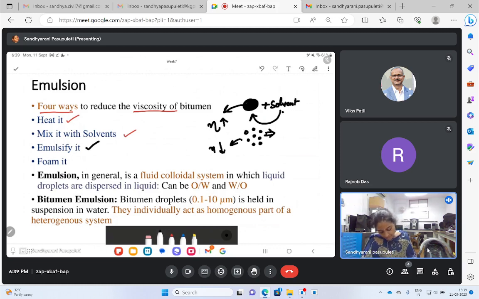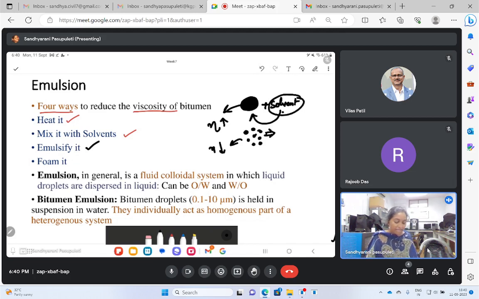And another way is to emulsify it. The larger bitumen, which is very stiff, I am going to convert into small sizes by adding some solvents. Let us say I do not want to add any solvent, because adding solvent has some disadvantages. We will discuss what those are.